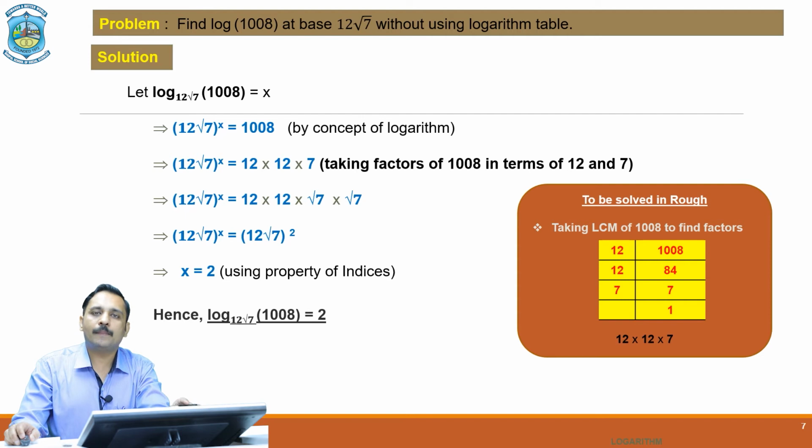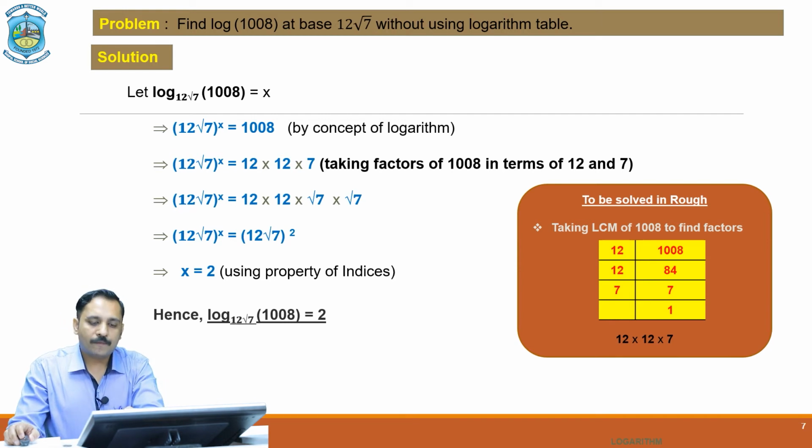Now, reducing 1008 in terms of factors of 12 and 7, in the rough we can solve it. We have 1008 divided by 12, that is, we have 84. Again we divide it by 12, we get 7, and again divided by 7, we get the answer as 1. That means the factor of 1008 is equal to 12 into 12 into 7.